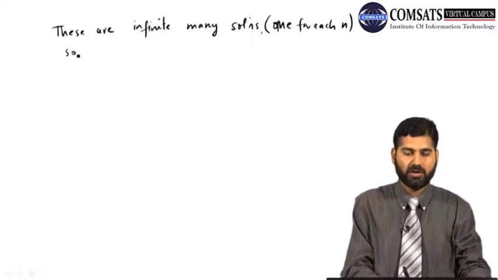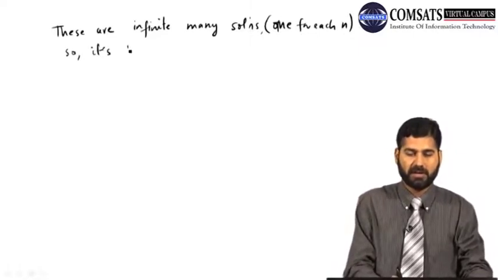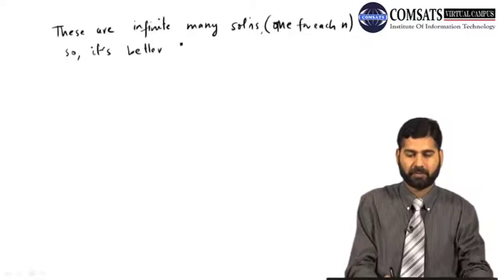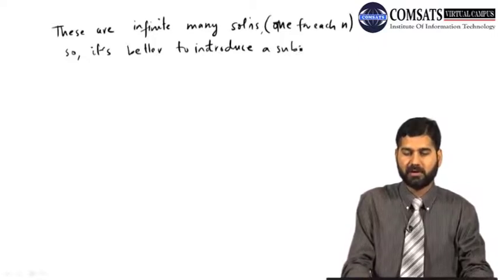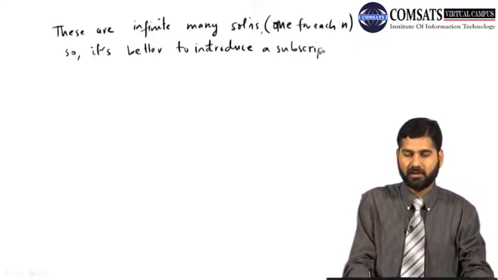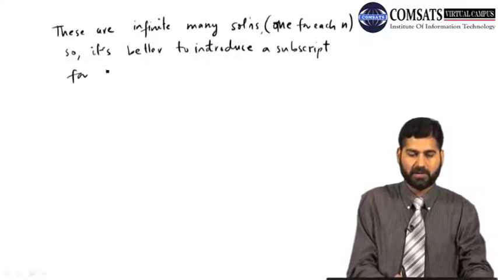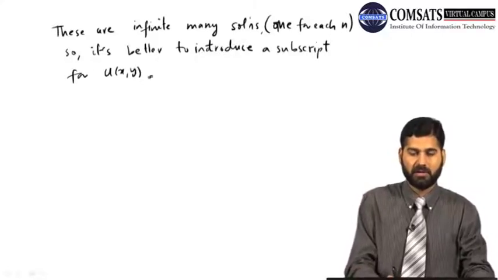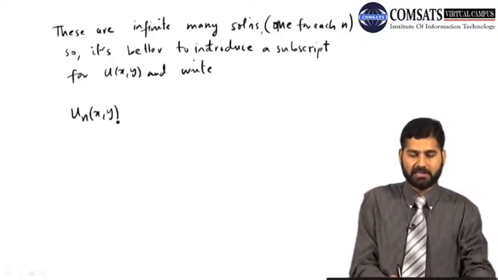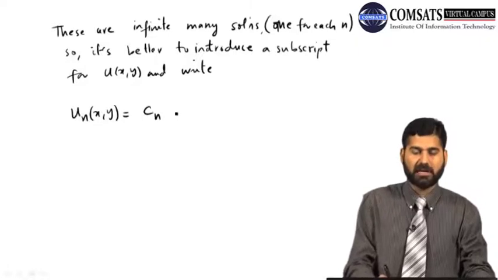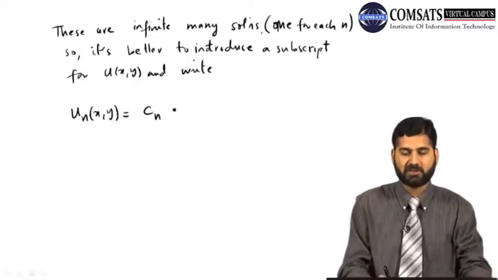So it is better to introduce a subscript for u of x, t and write u n of x, t is equal to a constant, and the constants will be different as well.